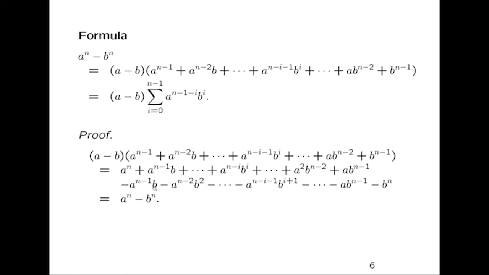But the important part is that the second term of the first chunk and the first term of the second chunk are exactly equal. So these two cancel out up to this part, and minus b to the nth power remains. So you have this formula.